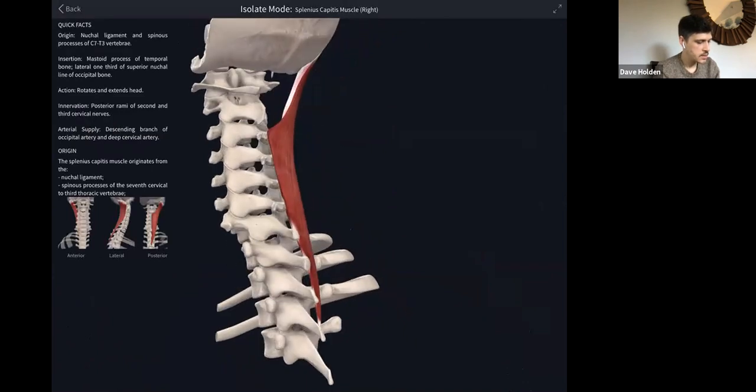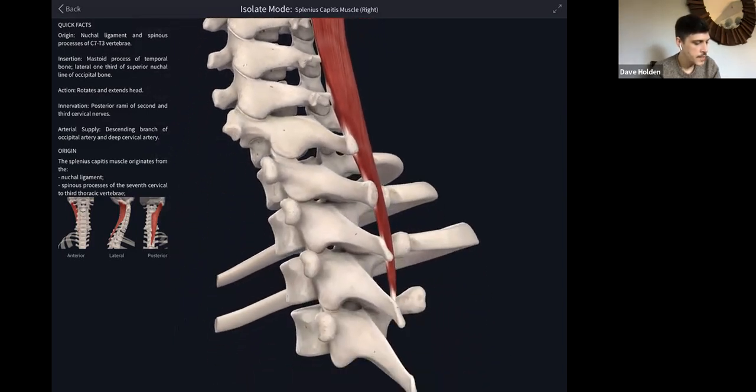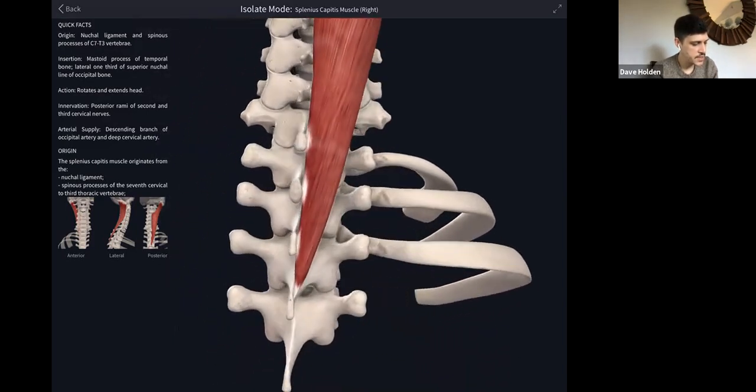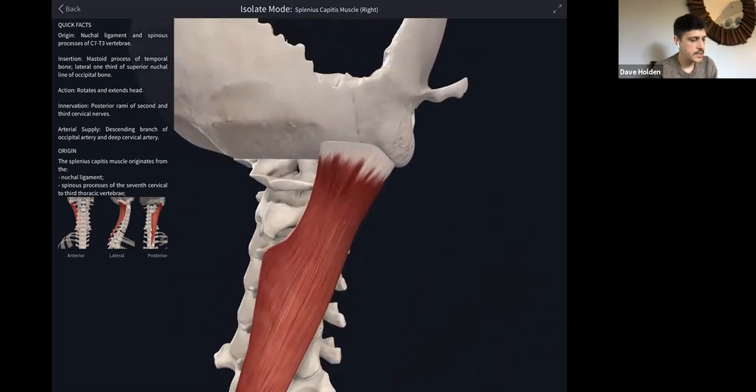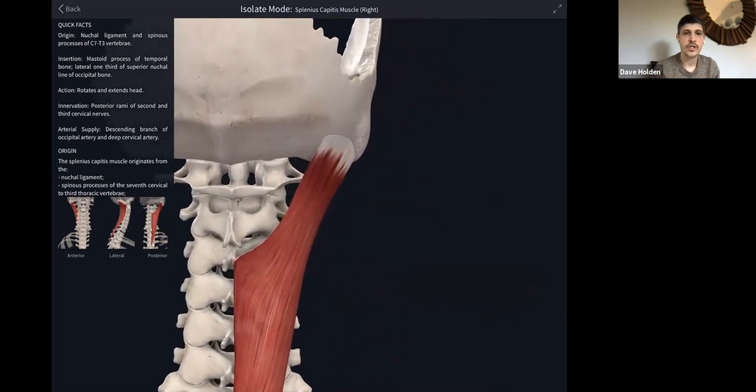So we see it starts here. It would be attached to the ligamentum nuchae. The ligamentum is just not shown here, but it would be there. Spinous processes of C7 through T4. And the muscle comes up to insert at the mastoid process and the lateral portion of the superior nuchal line.